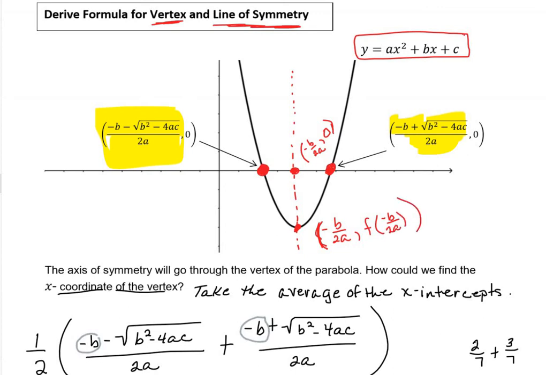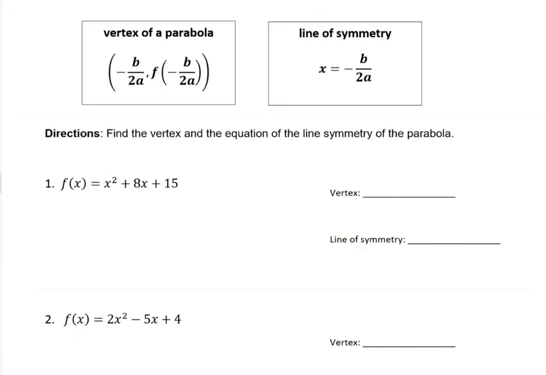Now, another thing I want you to notice is that this line of symmetry has the equation x equals negative b over 2a. Okay, so that leads us to my formulas over here. The formula for the vertex is negative b over 2a and f of negative b over 2a. And the line of symmetry is x equals negative b over 2a.